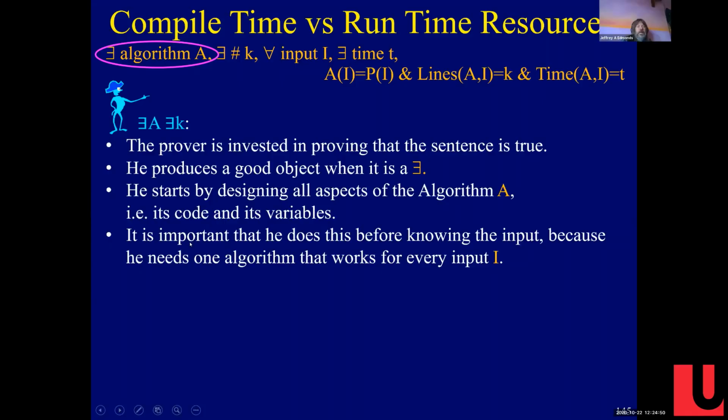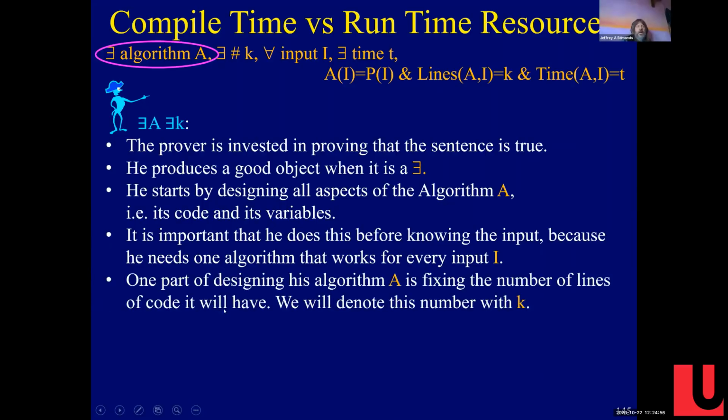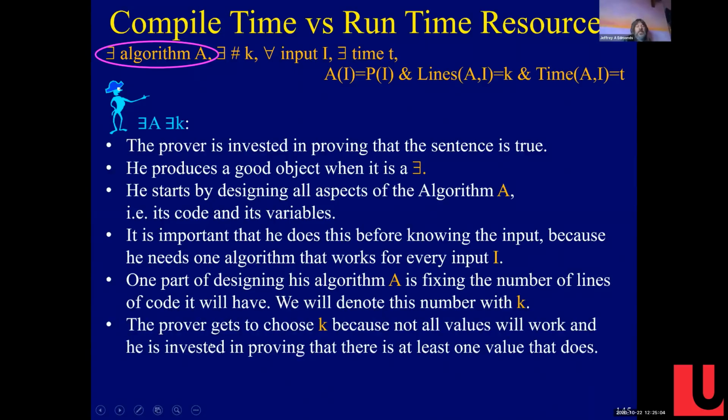It's important that the prover does this before knowing the input. When he designs the algorithm, he gets to fix the number of lines of code, and we'll denote that with K. Why does the prover get to decide the K? Because not all values of K will work, and he's invested in proving the sentence is true.